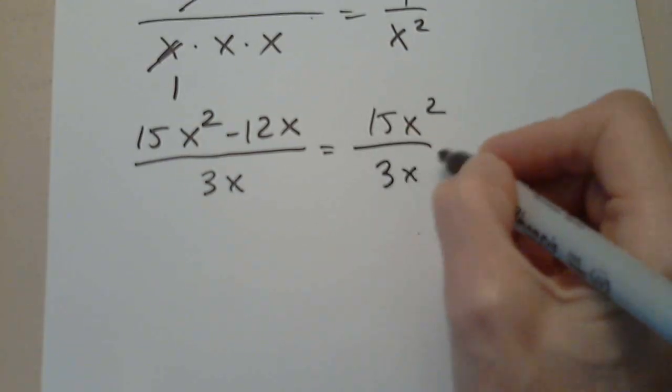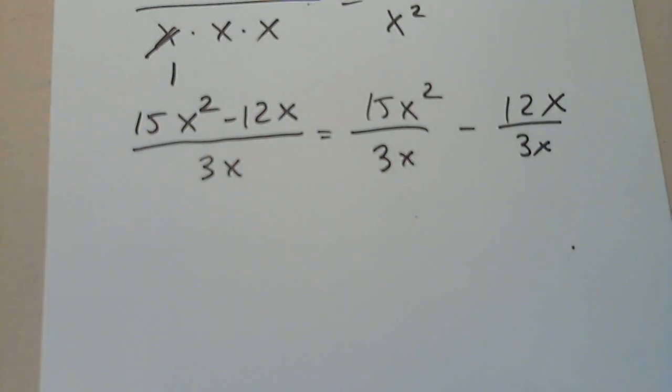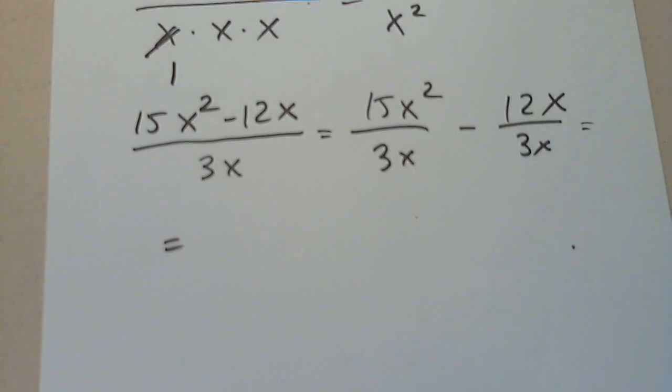If you separate, you are allowed to simplify because now everything is a factor. 15 is a factor, x squared is a factor, 3 is a factor, x is a factor, 12 is a factor, x is a factor, 3 and x. So, what do we have coming out from the first fraction after you simplify?